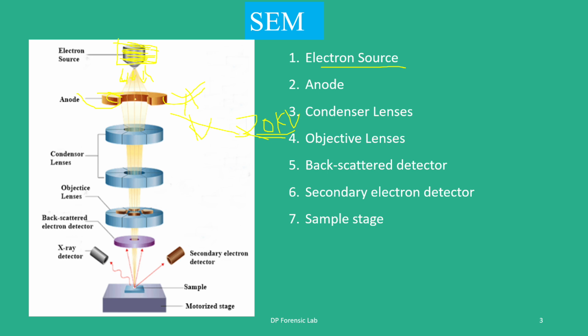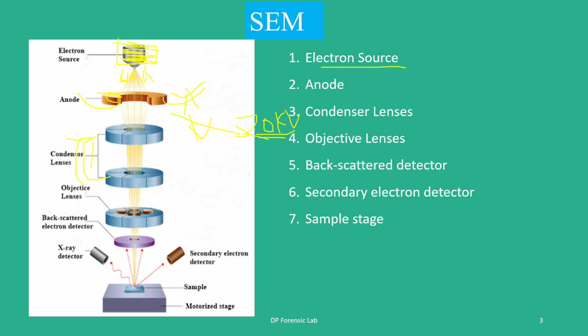Now this electron comes to another lens, which is called a condenser lens, because the electrons may be scattered. For going in a particular, fixed direction without scattering, the condenser lens is used.